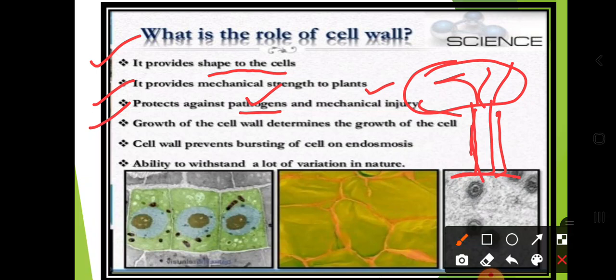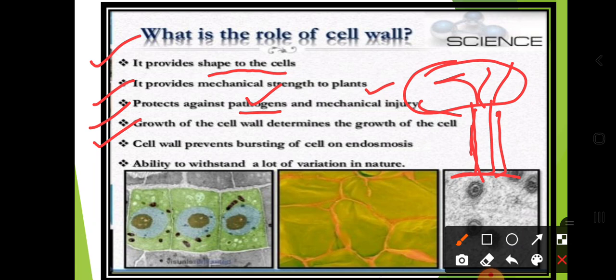If an injury happens to the plant body, then who is going to provide the mechanical strength? The cell walls. If any mechanical injuries happen, cutting or anything, then who is going to protect? That is the cell wall.